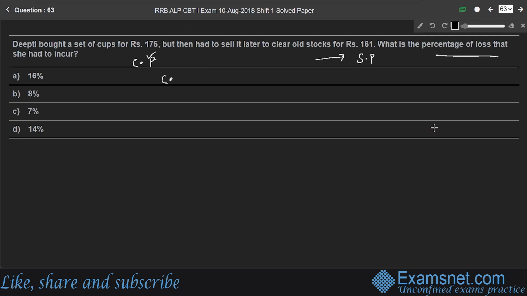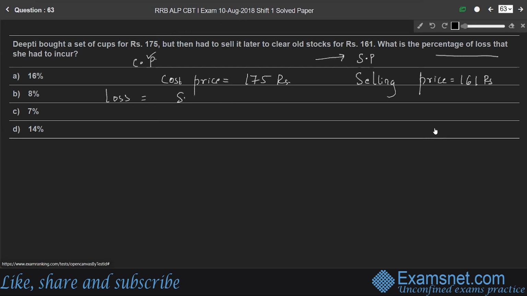So for that, we'll consider cost price, which is 175 rupees. Cost price of set of cups is 175 and their selling price is 161 rupees, right? There was a loss of cost price minus selling price.